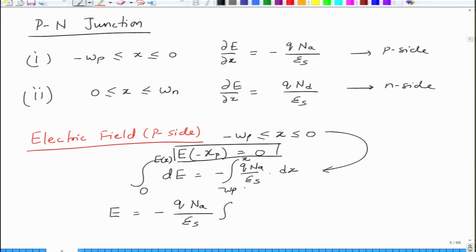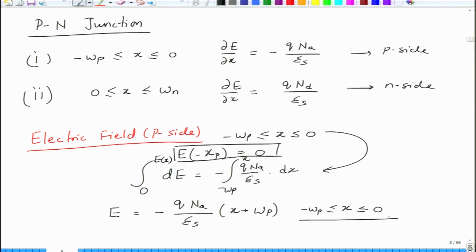If you do integrate, what you will get is x plus Wp. So, E is equal to minus q N_A divided by epsilon S into x plus Wp, for x being between minus Wp and 0. This is for the electric field on the p side.